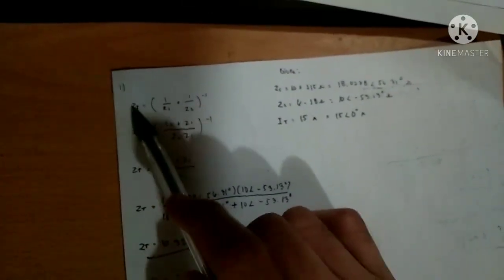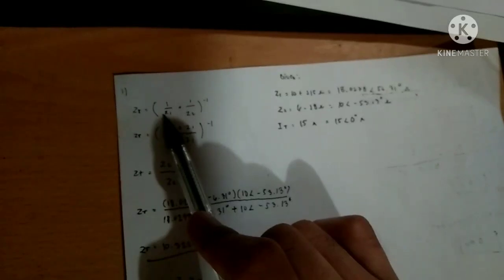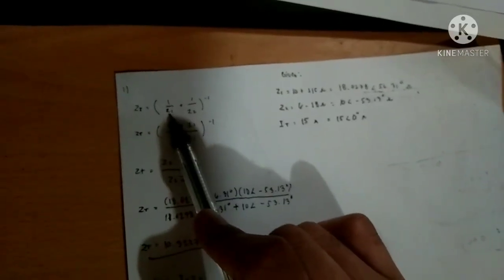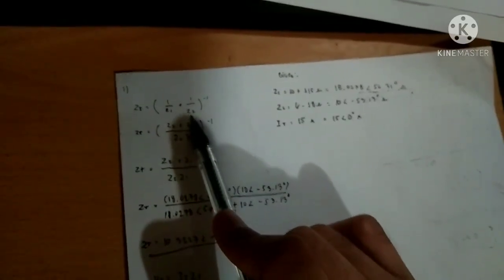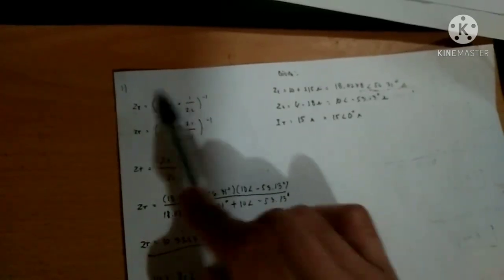Now that's out of the way, the first value we have to solve is the total impedance. The formula for total impedance, ZT, is equivalent to (1 over Z1 plus 1 over Z2) raised to the power of -1. For this to work for our problem, we'll have to simplify this formula.